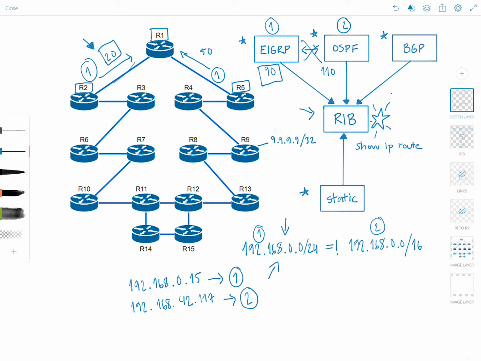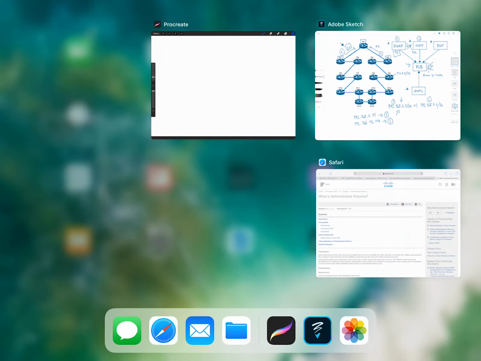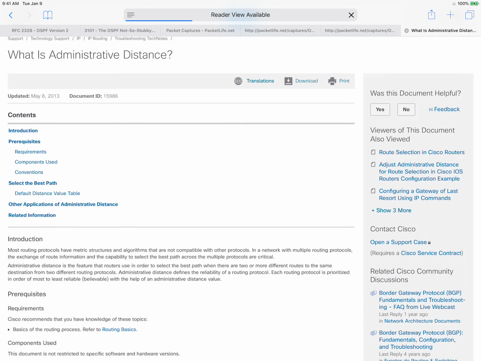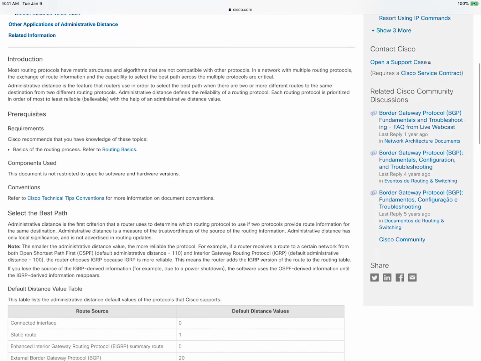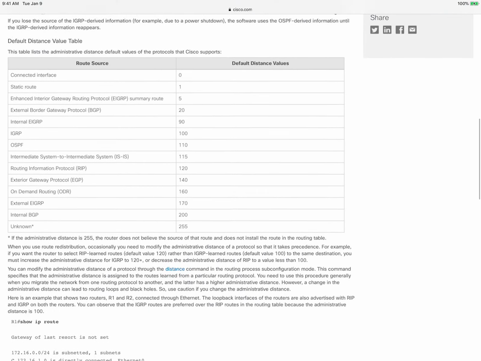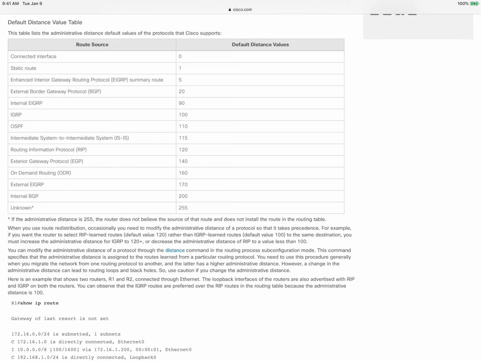And let me jump to that document that I promised, this Cisco document called What is Administrative Distance? A lot of what I've just explained is from this document, but here is the table that I wanted you to look at. It lists the different default administrative distance values for different routing sources.